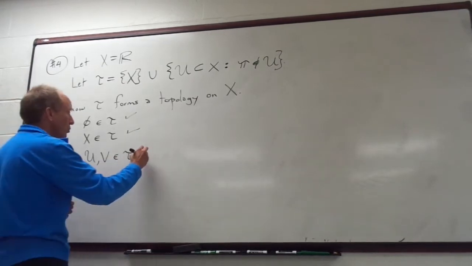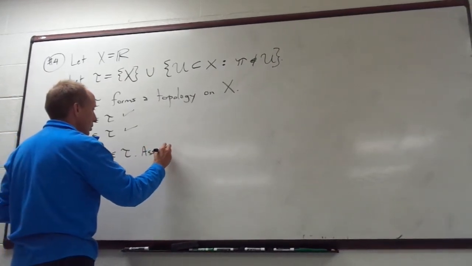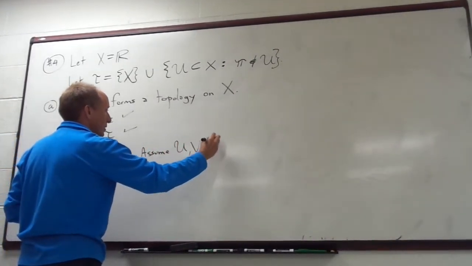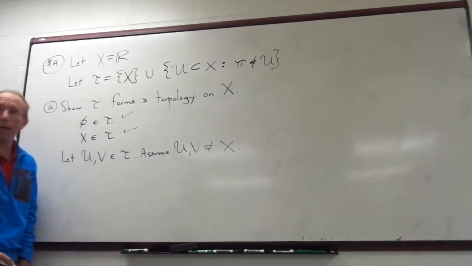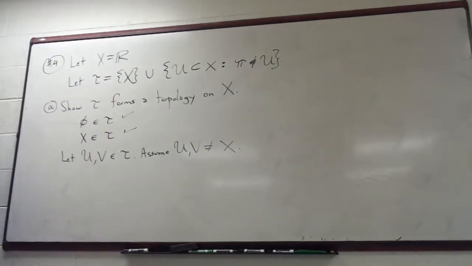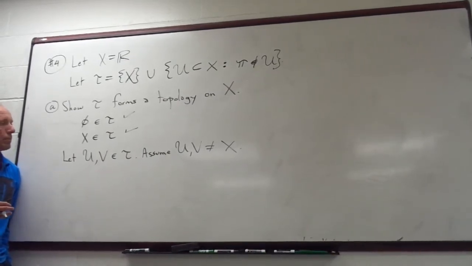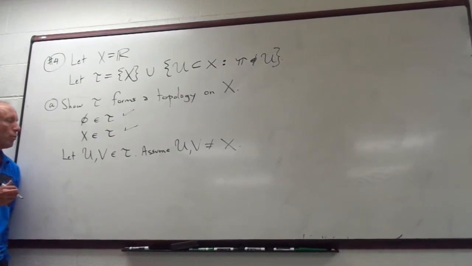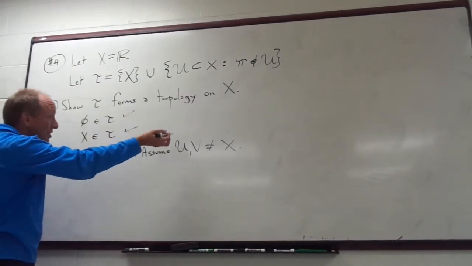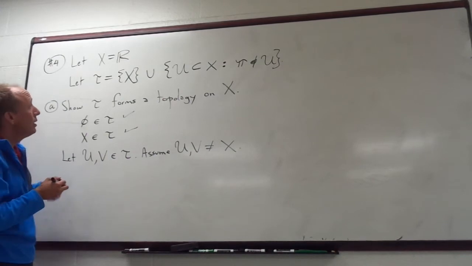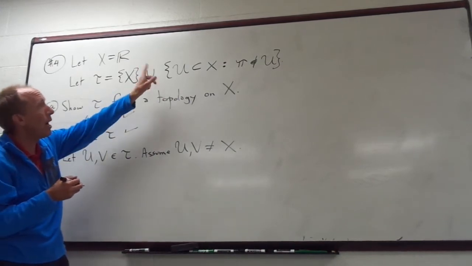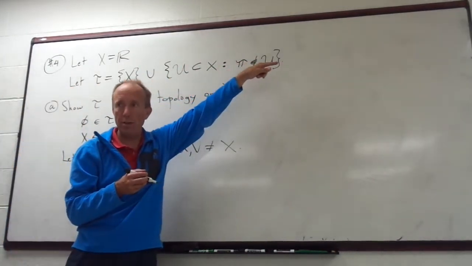So assume U and V are both not equal to X, because if they are, then the intersection is just trivial. So what we want to show is that U intersect V is in tau. Well, that would mean that pi should not be in the intersection.